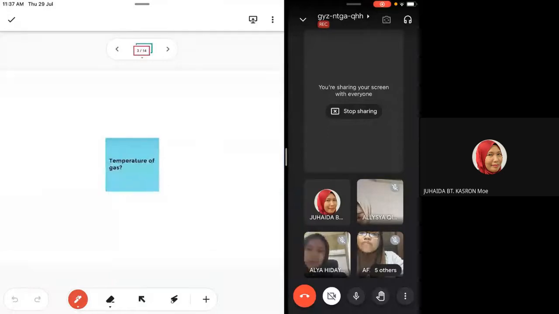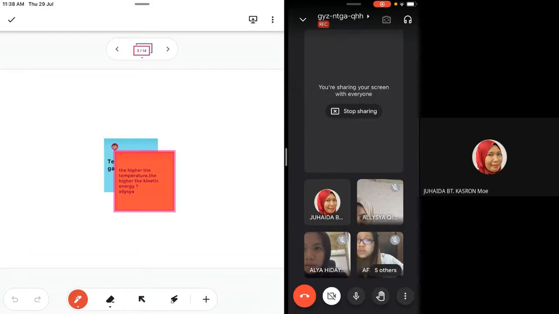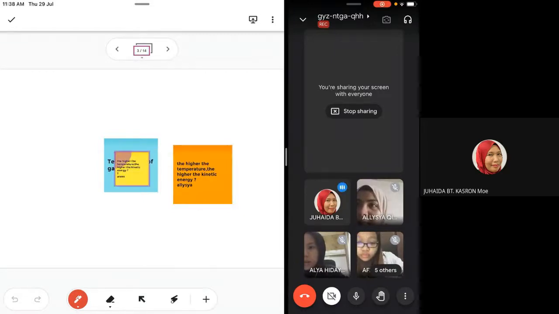On slide 3, temperature of gas. Just now we discussed the pressure, so now we are going to discuss the temperature of gas. Okay, girls, you need to actively discuss in this group. I don't want to hear the silent voice because this is a group discussion.